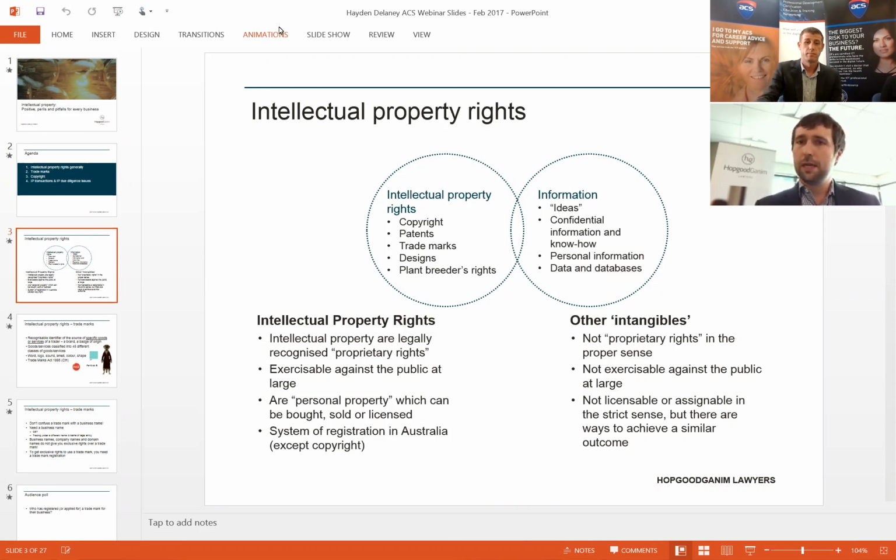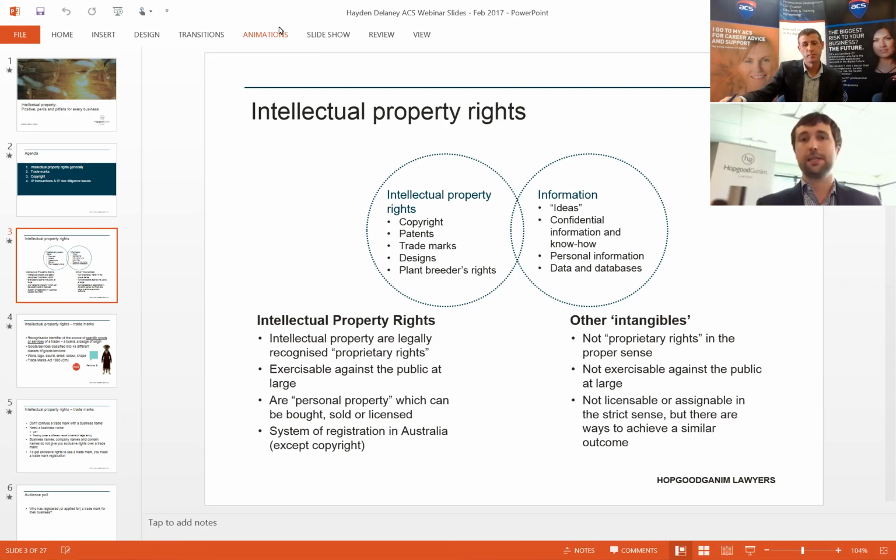When I'm talking about an intellectual property right, I'm talking primarily about categories of legally recognised proprietary rights established by statute. You would have heard some of the types of IP I'm going to rattle out: copyright, patents, trademarks, registered designs, and plant breeders' rights, another more obscure category. These are all intellectual property rights.